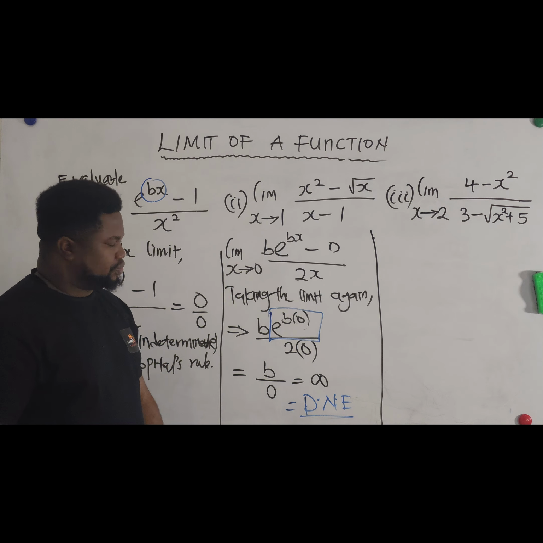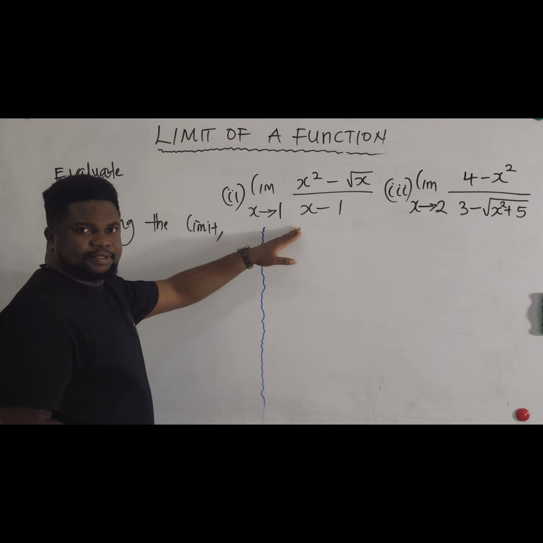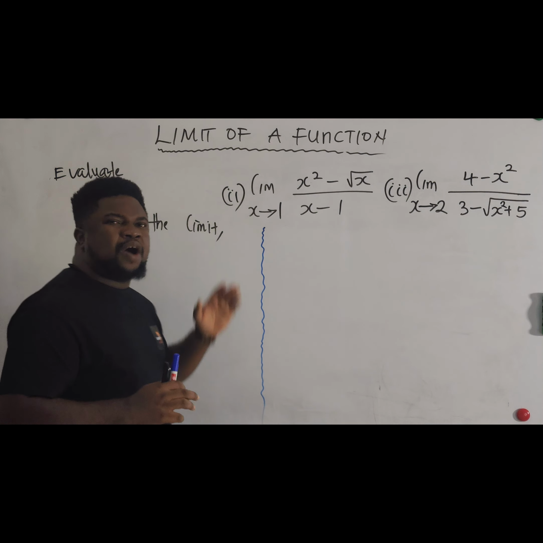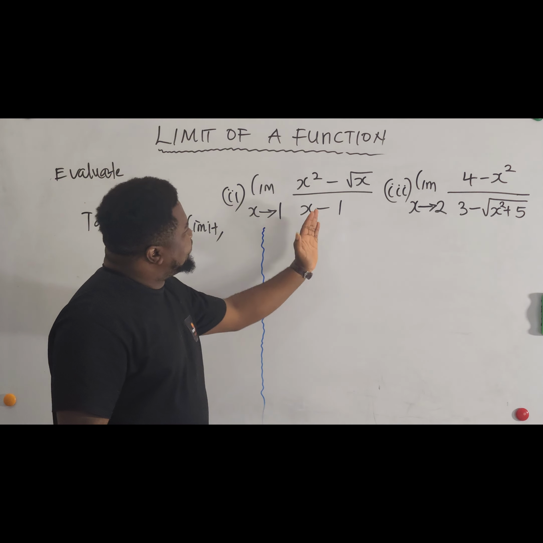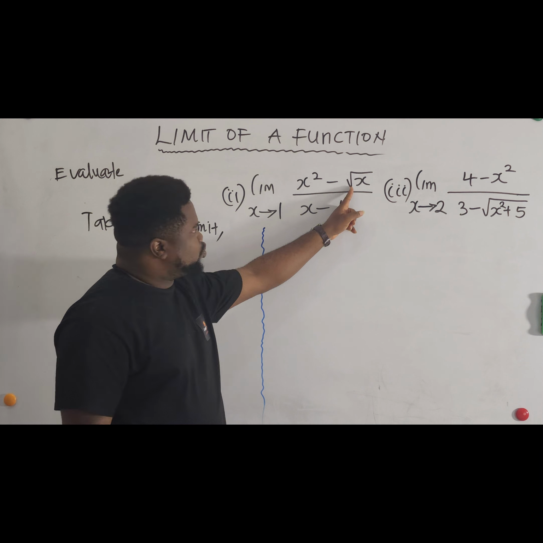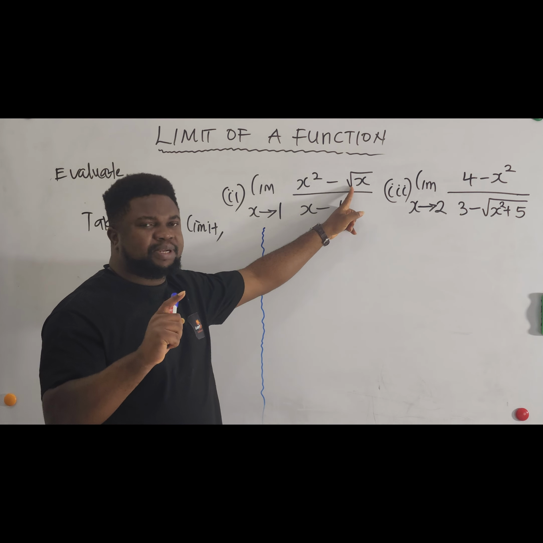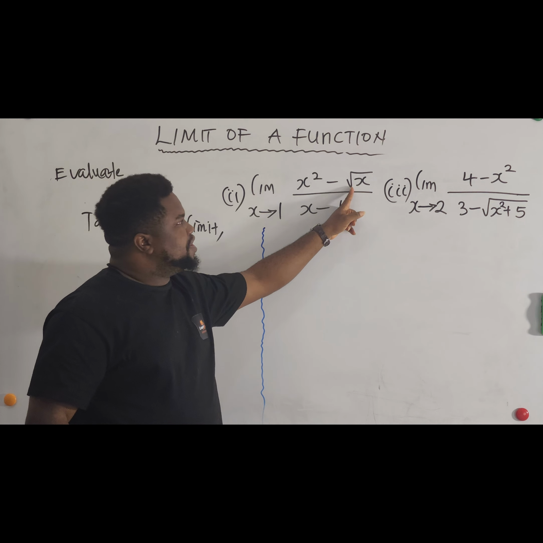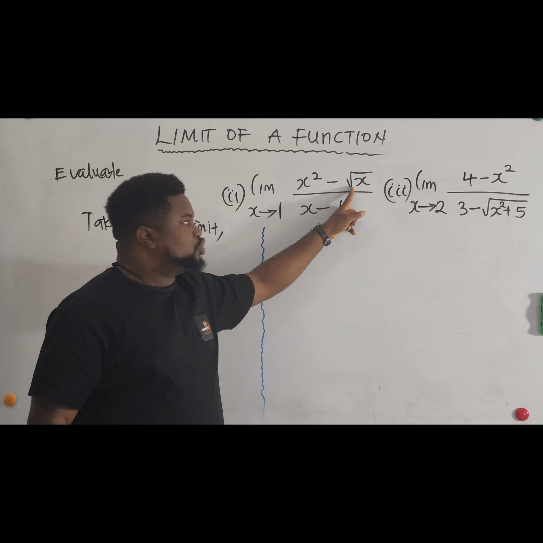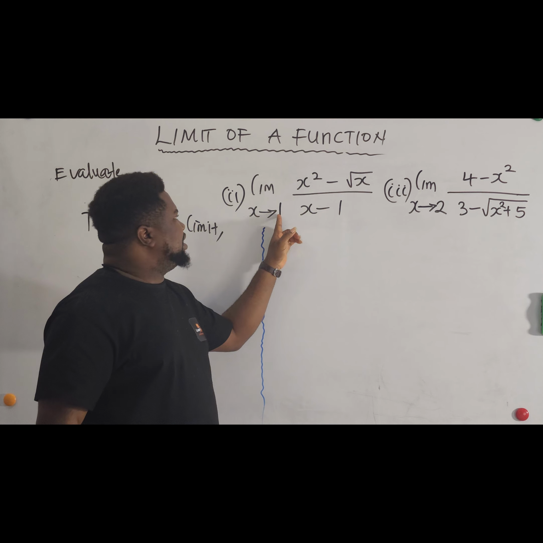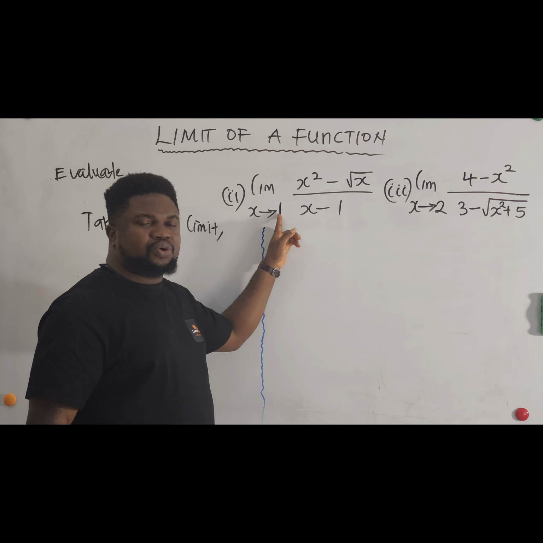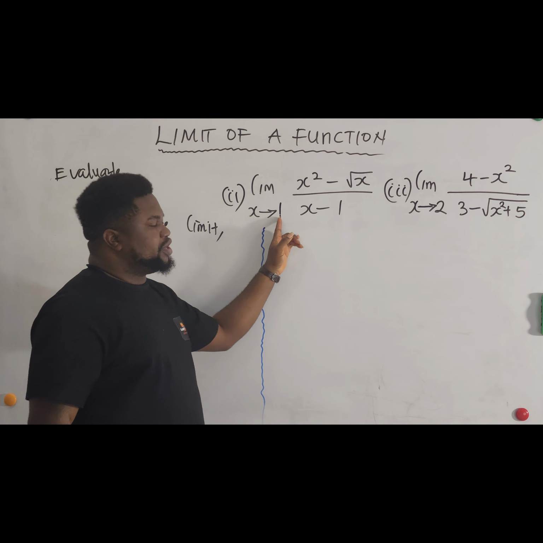Let's solve question 2. Before we take the limits, we have to observe something. The function here contains a square root. Before you take the limits, observe if it's possible to get the left hand limit and also the right hand limit of your inputs.